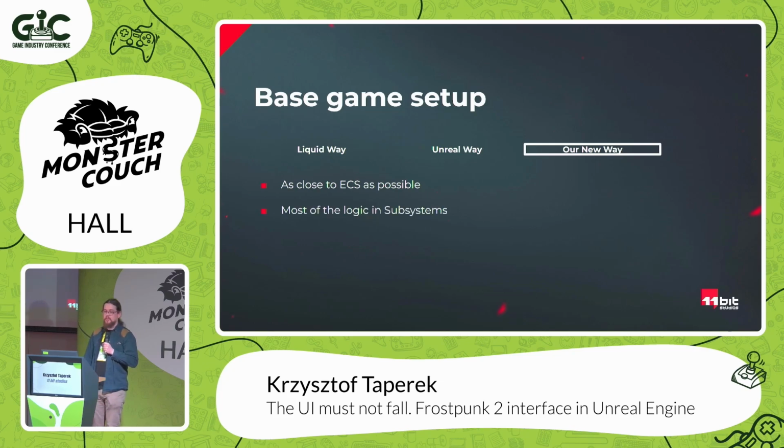So still logic is mostly in subsystems, and we are using components and actors in a similar way. We are avoiding putting any logic in actors and components, but of course it's possible when needed, because sometimes it's just easier in Unreal for mostly visual stuff.